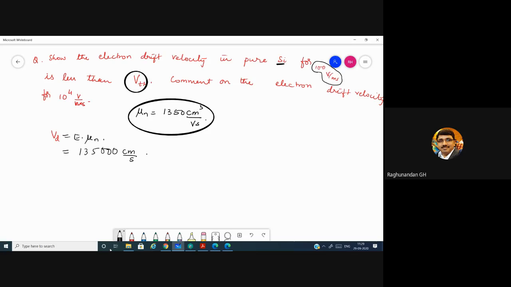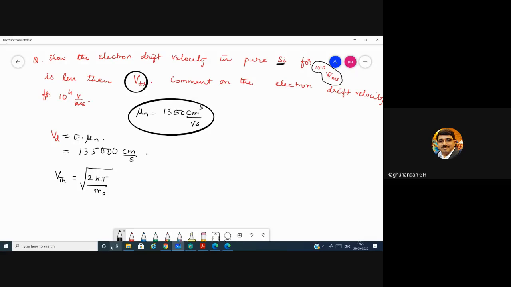Now we have an equation for VTH. What is that equation? Root 2 kT by m naught. This is the equation we are having. What is the m naught value? 9.1 into 10 to the power of minus 31.